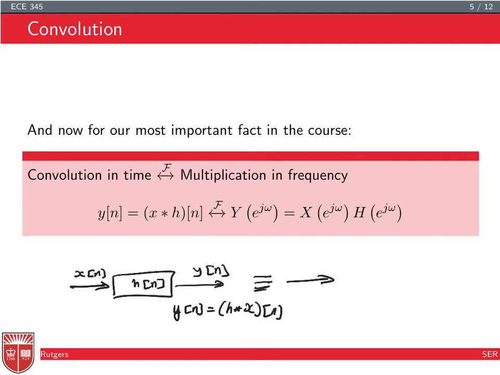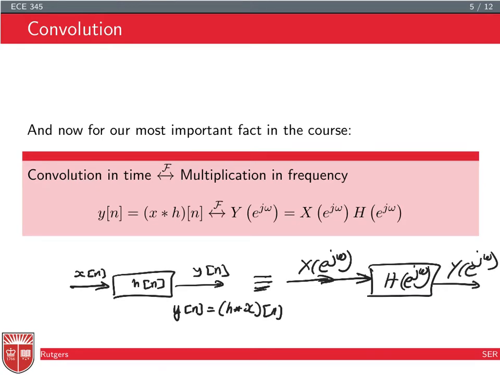In the frequency domain, the signal has the following DTFT, and this is the frequency response of the system, and the output is Y(e^{jω}). We have that Y(e^{jω}) is equal to X(e^{jω}) times H(e^{jω}).